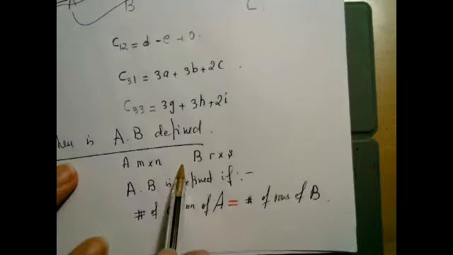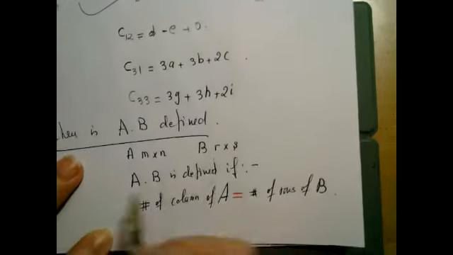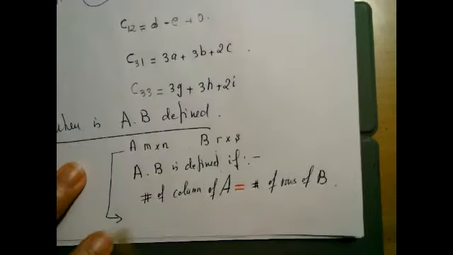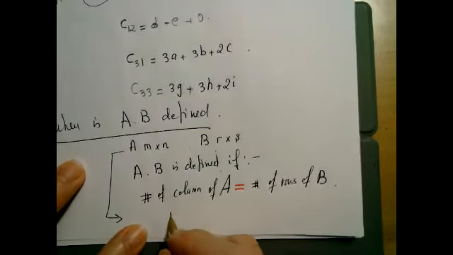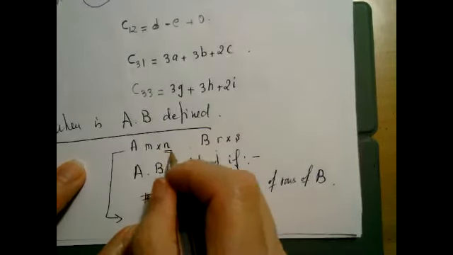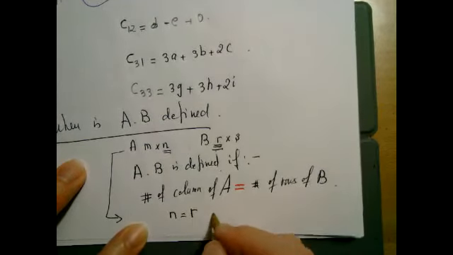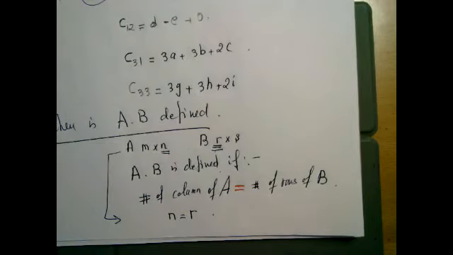So if A is m by n and B is r by s, this tells me the following. A times B is defined if n, the number of columns, equals r. So that's the condition under which the product is defined. That's when we can multiply two matrices.